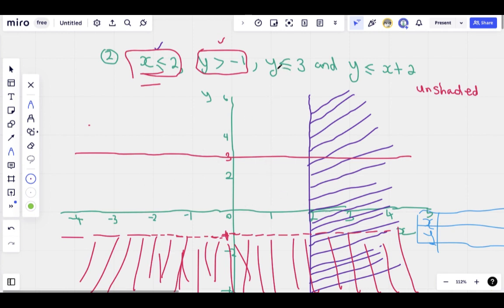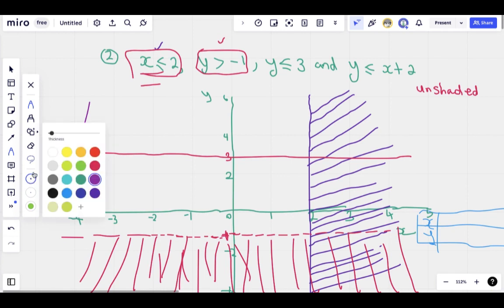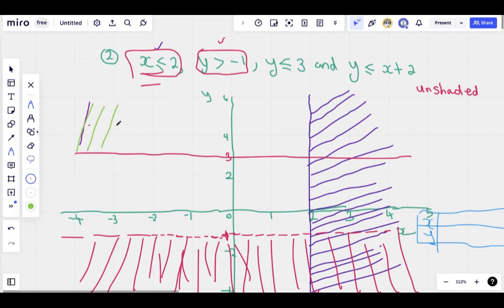So the correct region is below 3. And the question says leave unshaded, don't shade the correct region. Shade the opposite side. So I'm going to shade the top of this one. Is that okay? Are you with me?